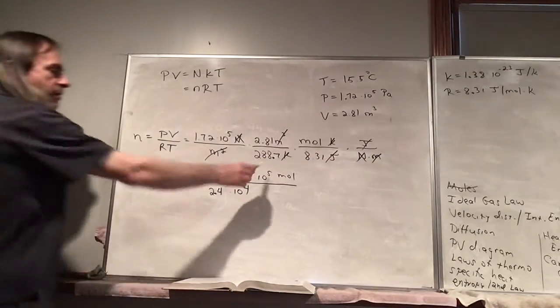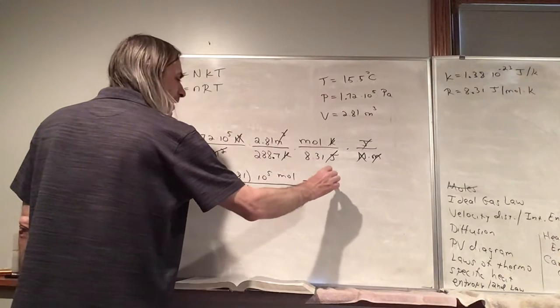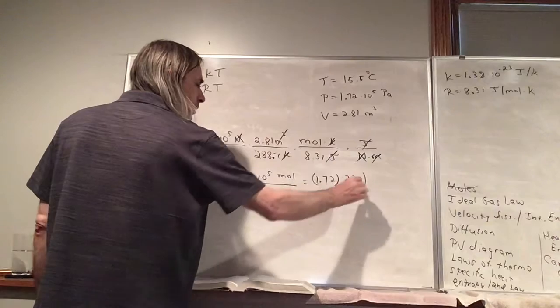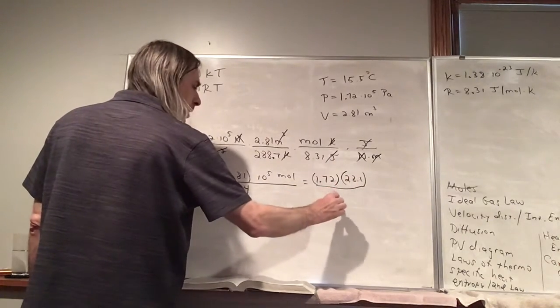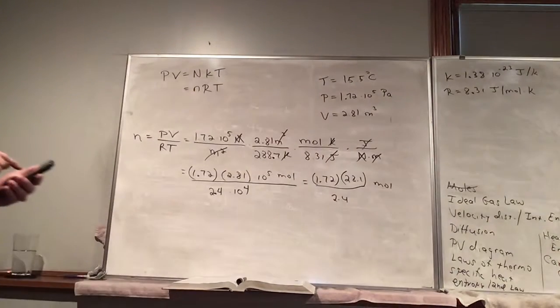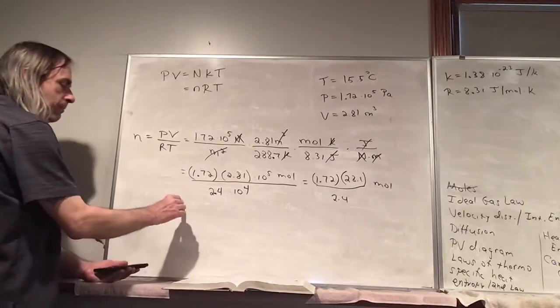So 10 to the 5th over 10 to the 4th is just 10. You can say 1.72, say times 28.1, divided by 2.4. So what I'm getting is 2 moles.